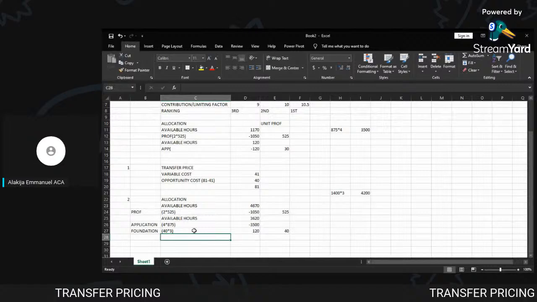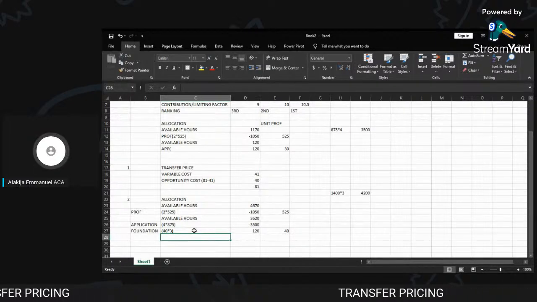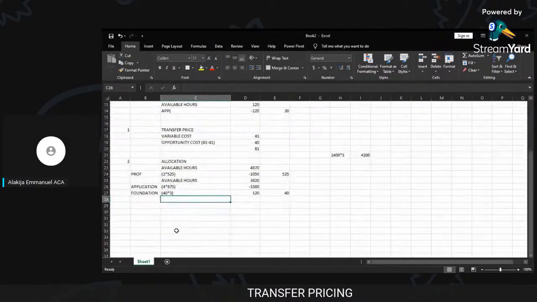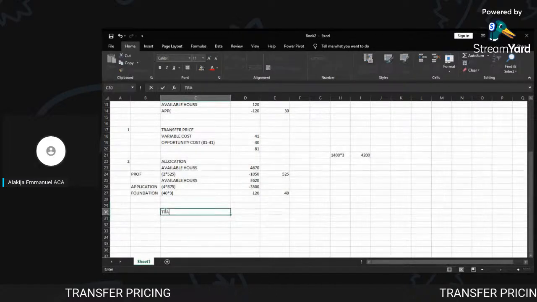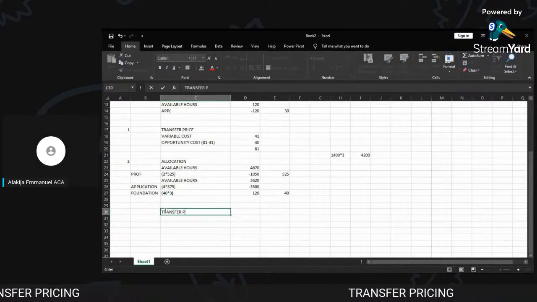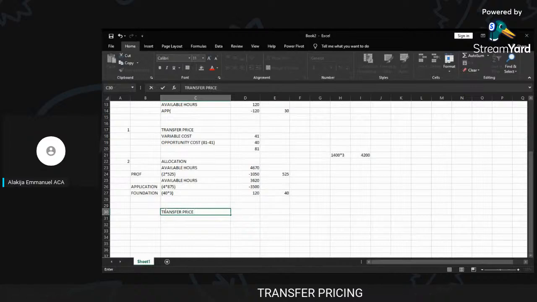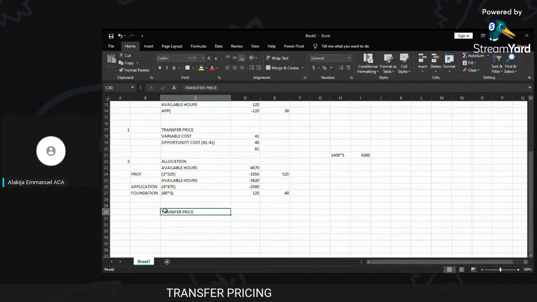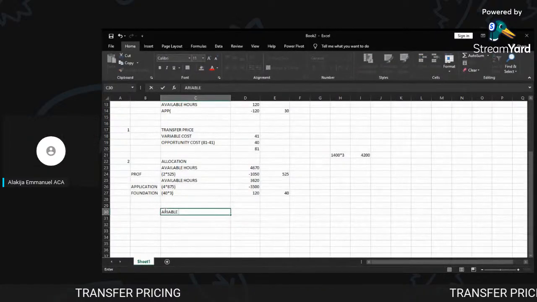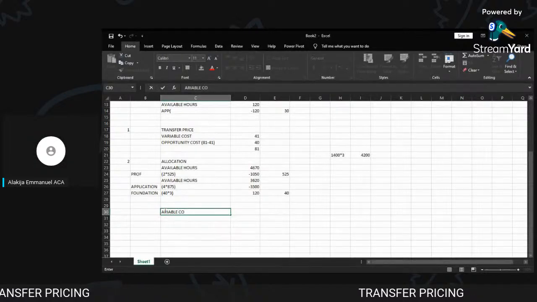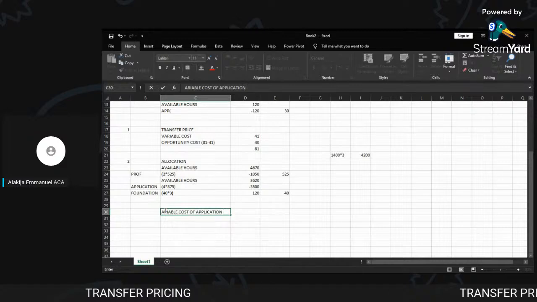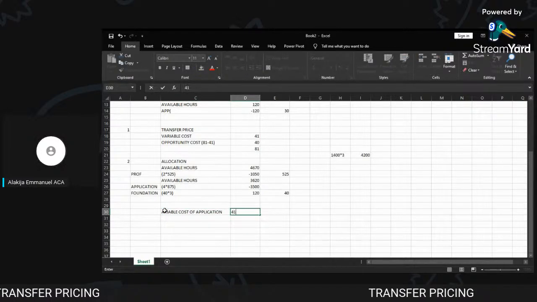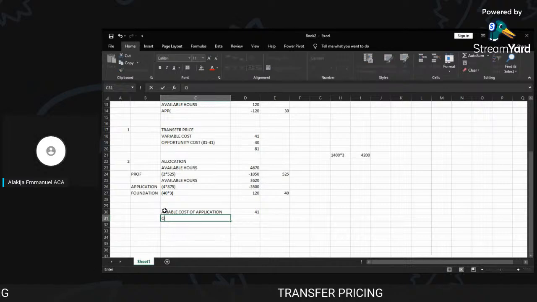So the transfer pricing now. The transfer price is going to be the variable cost of application, which is 41 naira, and opportunity cost.